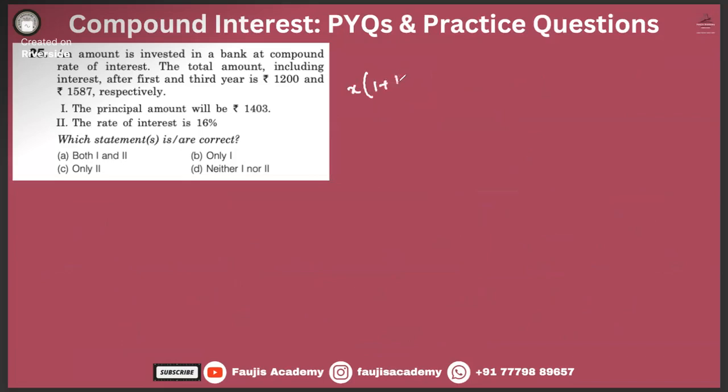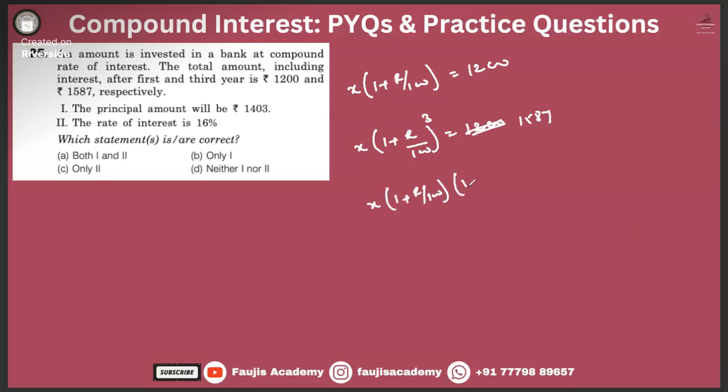X into (1 plus R by 100) whole cube is equal to 1587. Now, can it be written as (1 plus R by 100) into (1 plus R by 100) whole square?